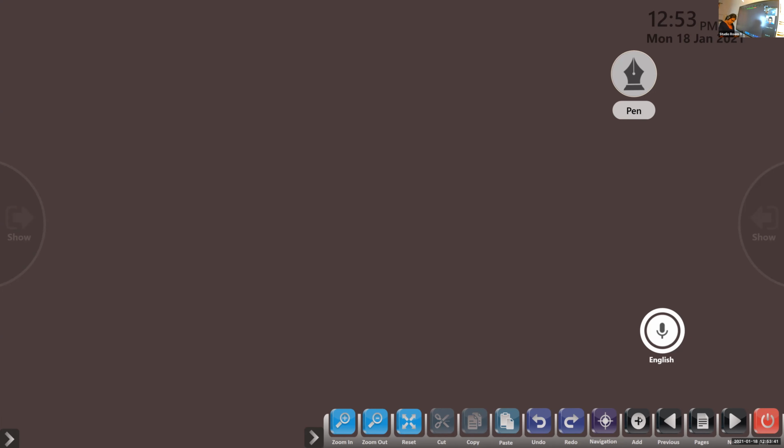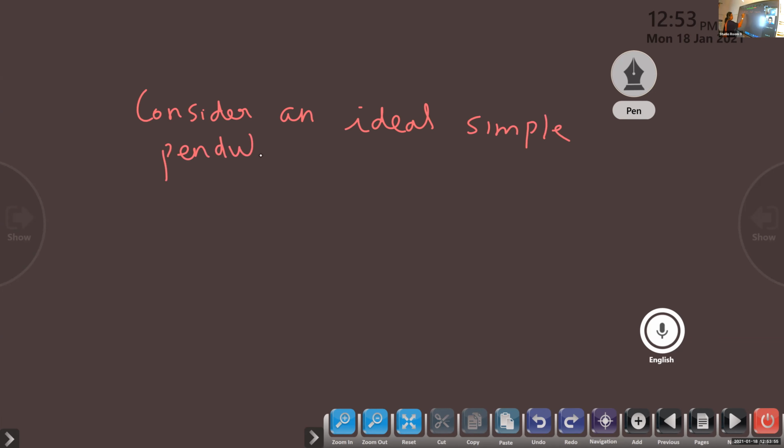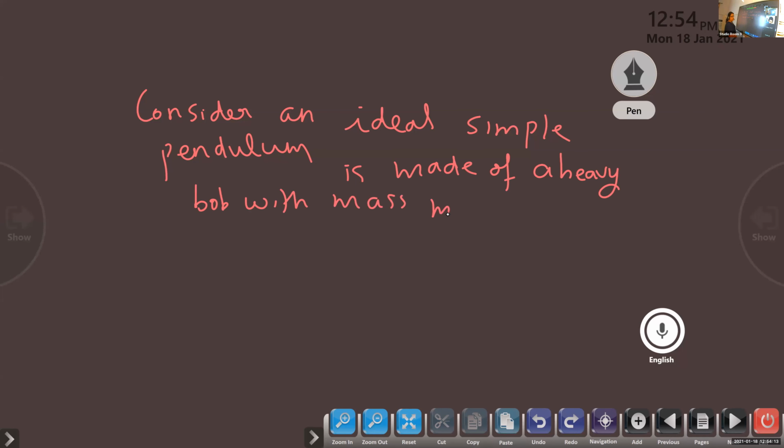The pendulum is made of a heavy bob with mass m, suspended from a rigid support.